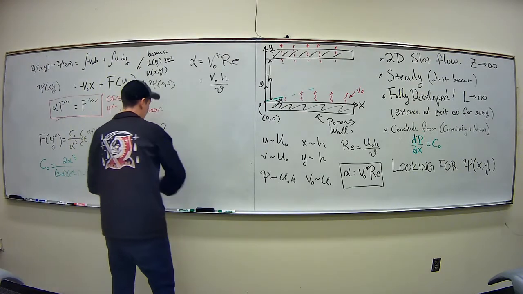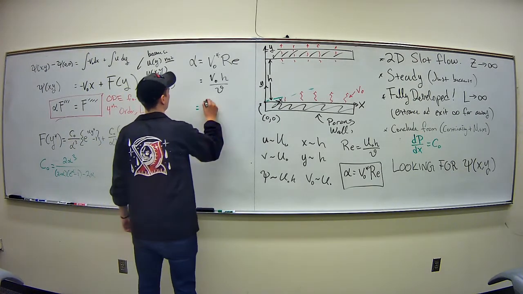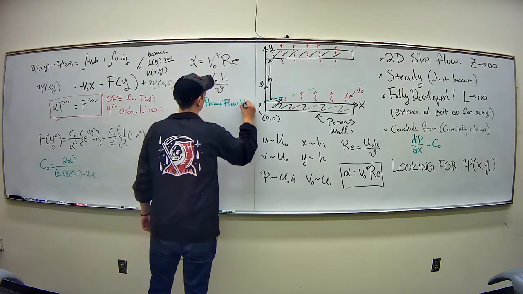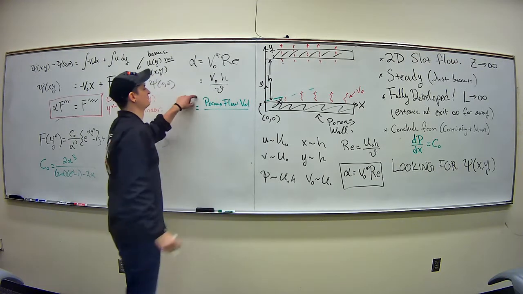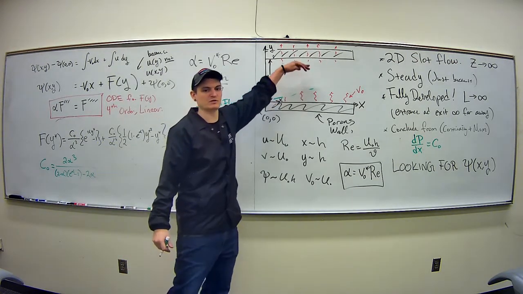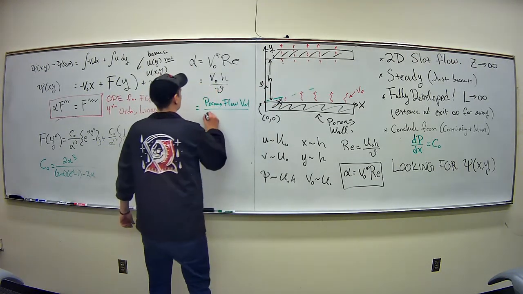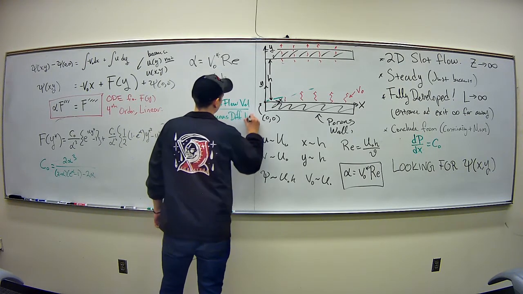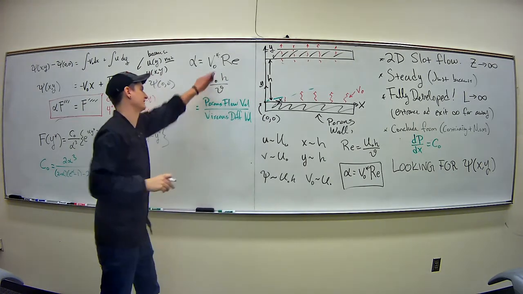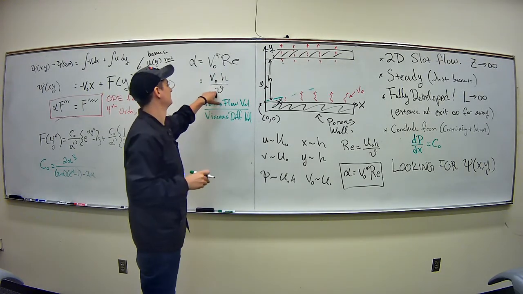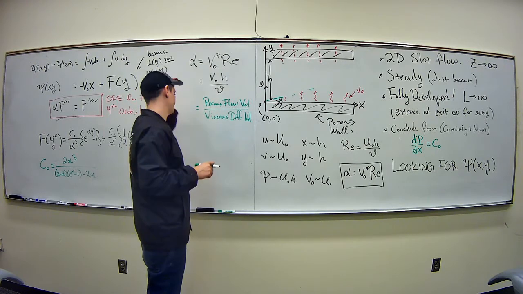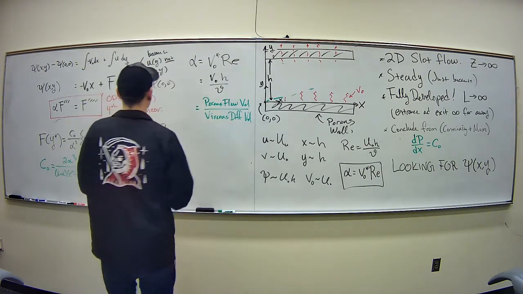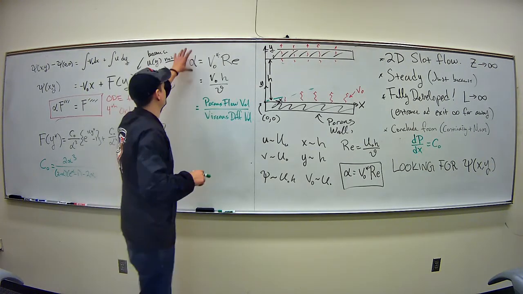So this one parameter alpha has an interpretation. It's a ratio of this porous flow velocity that's seeping through the slot over your viscous diffusion velocity. That's what this is defined as. If you take this mu and divide by an h, you're getting a velocity value. It ends up being the viscous diffusion velocity, or the speed at which viscous forces are diffusing through the flow itself.